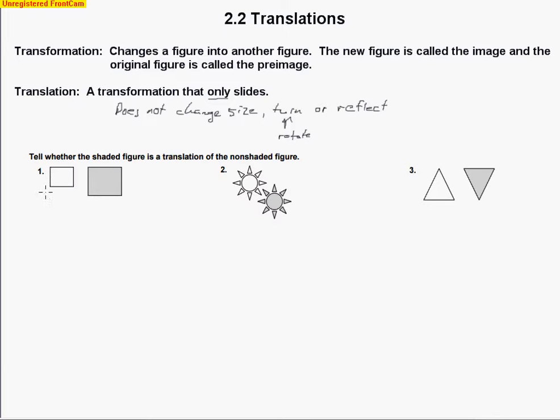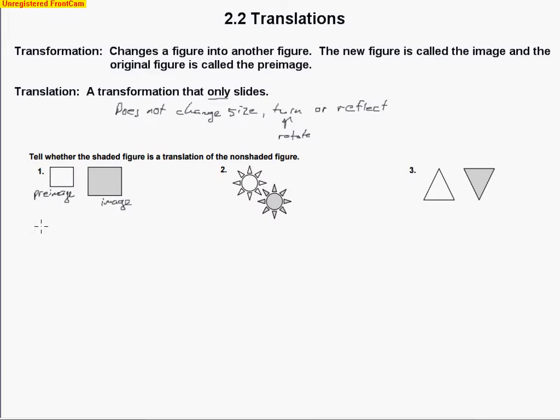So let's take a look at this one. We're supposed to tell whether the shaded figure is a translation of the non-shaded. So the non-shaded would be our pre-image, and the shaded one would be our new image. And so we're supposed to see whether it was a translation. And so I see that this one here changes size.